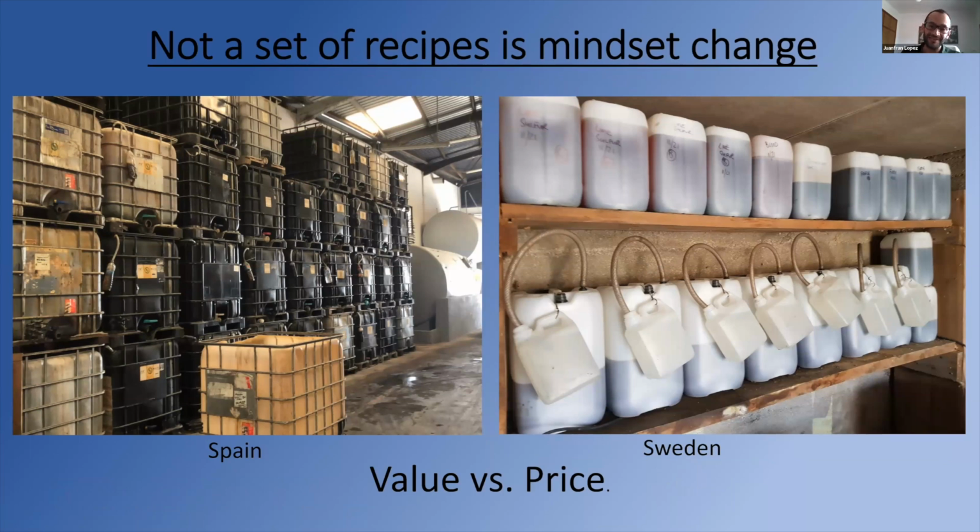We need to change the way that we think about agriculture and the way that we use fertility. If you buy a fertilizer, that has a price, but this type of technology has a value, and it works. It works in every kind of soil, climate, etc. So this is really powerful.